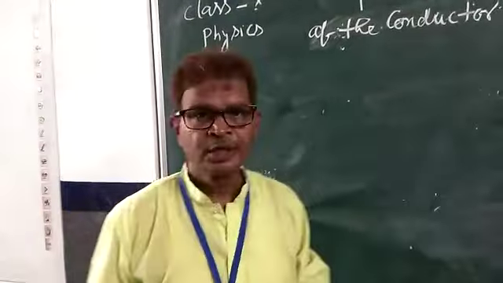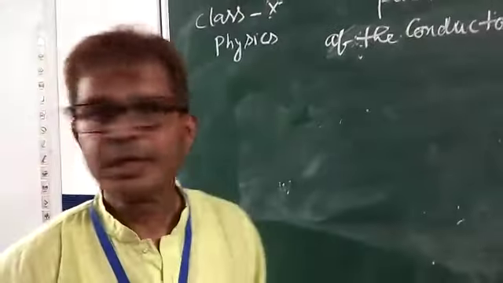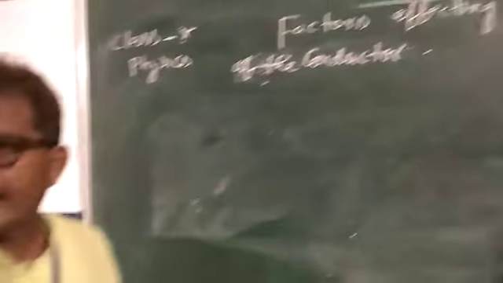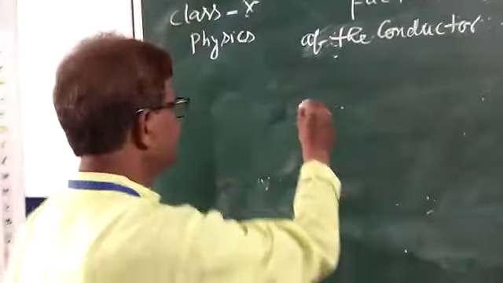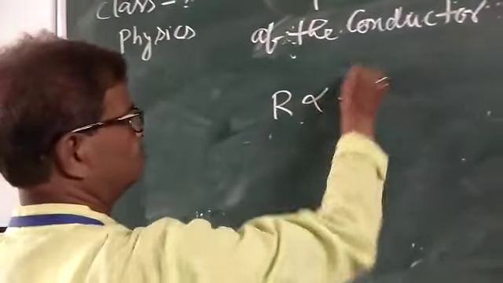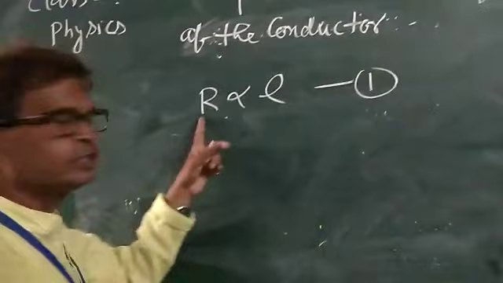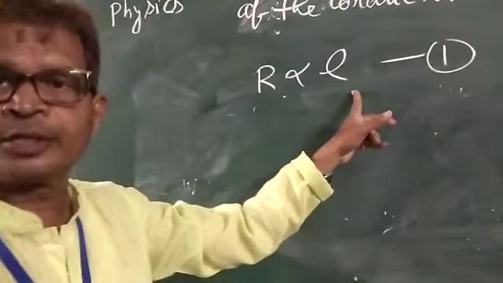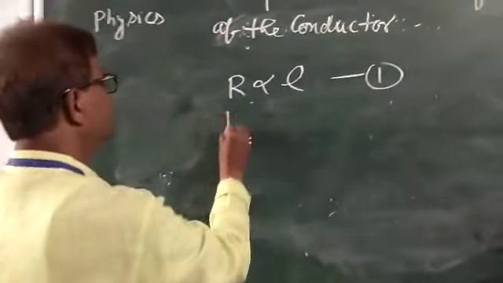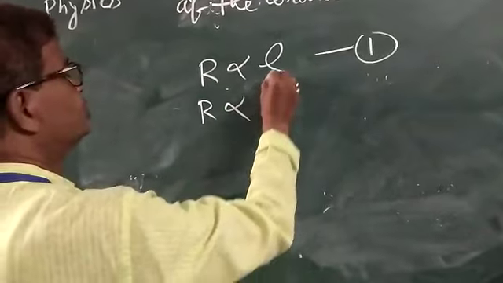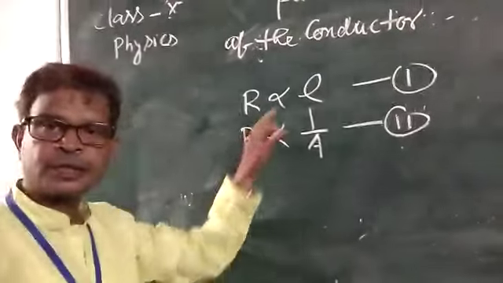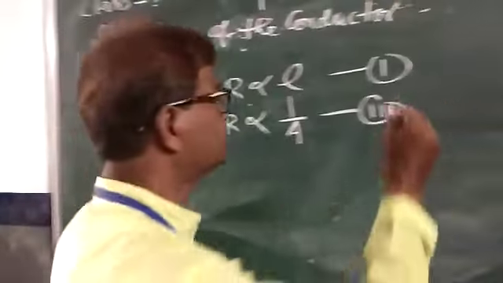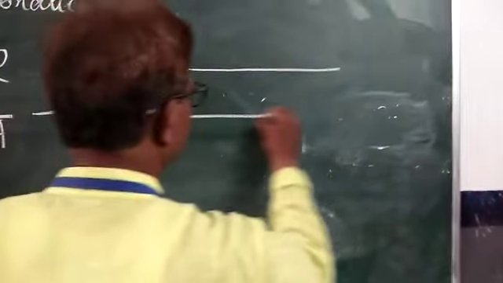Students, now we are going to have the expression for the resistivity of a conductor. As we have already discussed in the previous class, R varies as L, resistance is directly proportional to the length of the conductor, and R varies as 1 by A, resistance of the conductor is inversely proportional to its cross-sectional area.